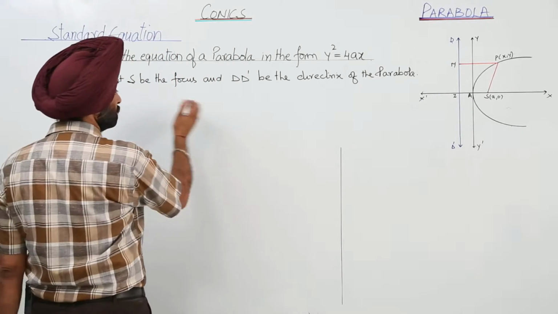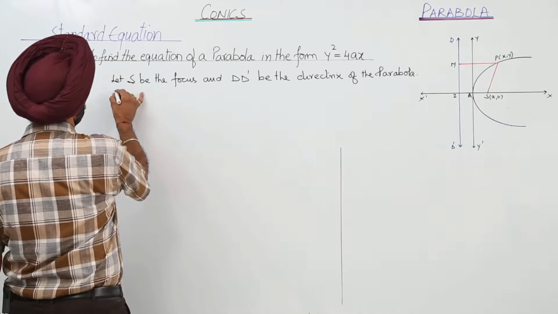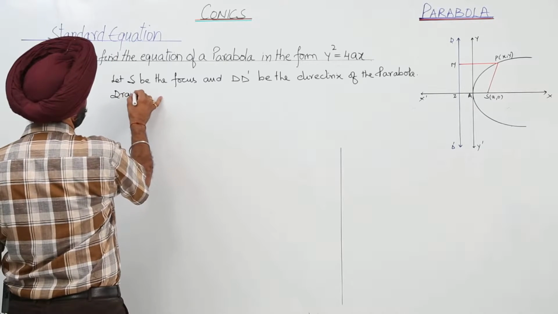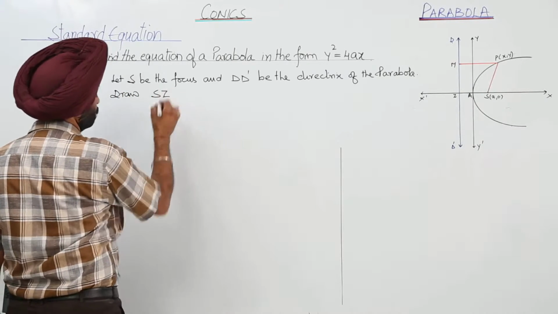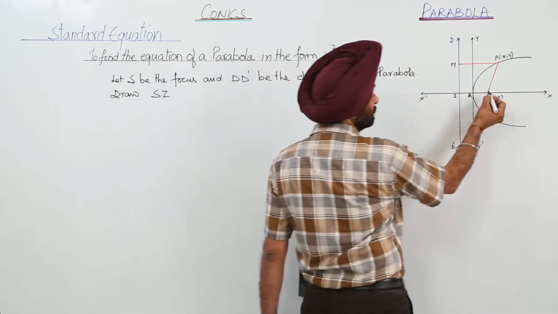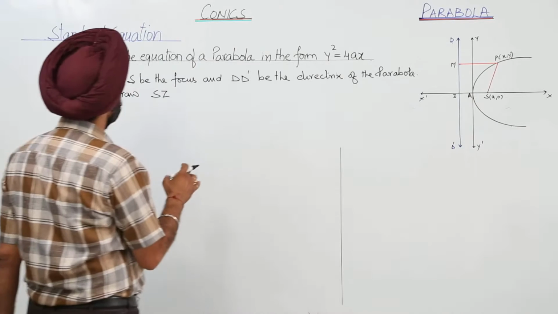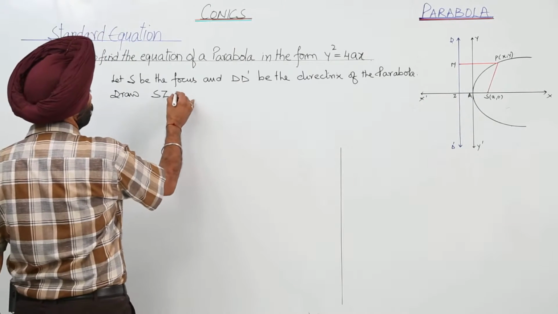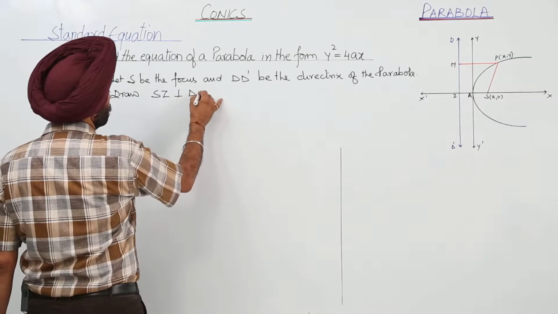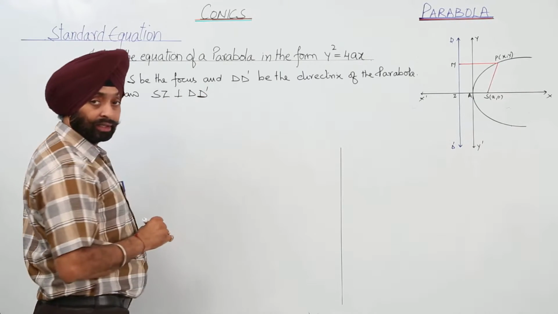Then draw SZ from this point S up to a point on the directrix. Draw SZ perpendicular to D dash, that is the directrix.